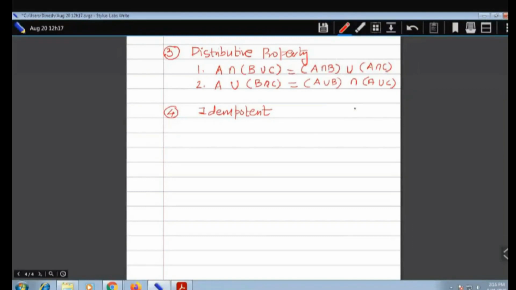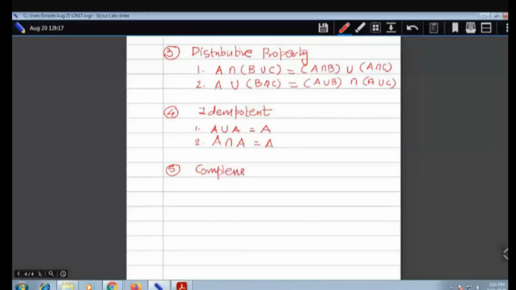Or if you add 0, that is the same. So for the idempotent operations, A union A is always A, and A intersection A will always be A, isn't it? All elements will occur in the intersection itself. So that is the idempotent operations.